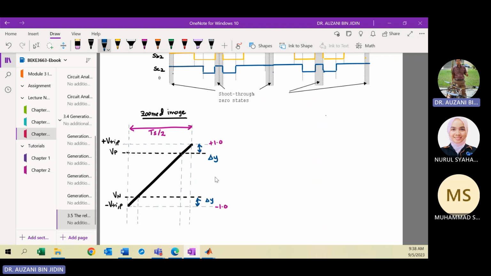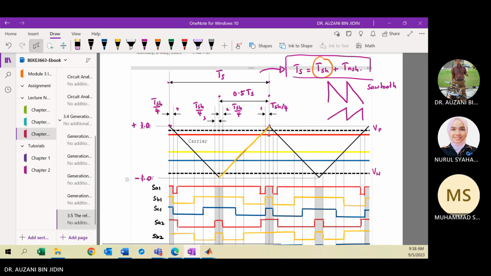Okay, so for the x, the gap here, you have the change of x. Here also change of x. Because the waveform is symmetric, and the triangular wave shape is symmetric, you have the same gap size, change of x. So what is your change of x? You refer from here. Change of x is TSH divided by 4, right? Change of x is change of time. So your shoot through time you must divide by 4.